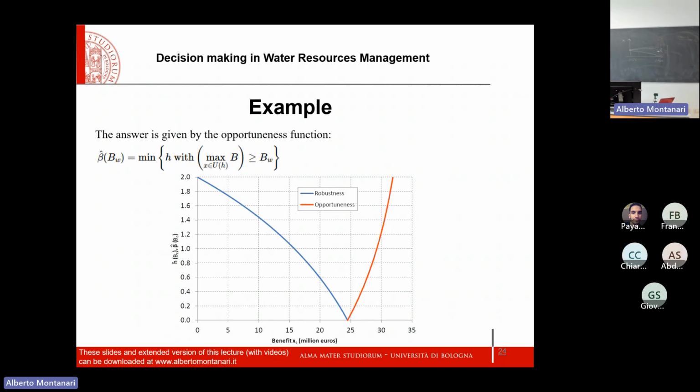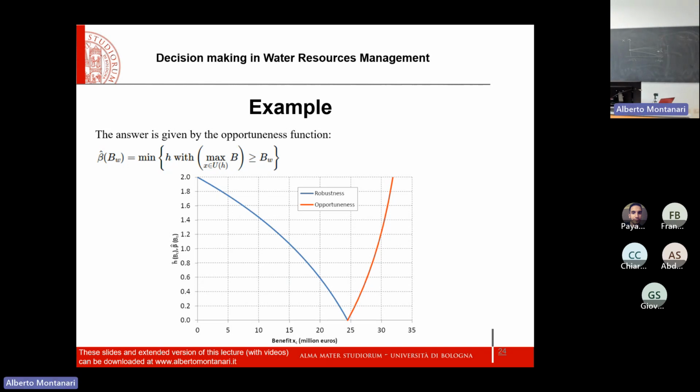It's a dual expression with respect to the one that I saw before for the robustness function. Here, my target is to get a benefit that is larger or equal than my windfall BW. I'm looking for the minimum uncertainty in order to get this unexpected windfall.